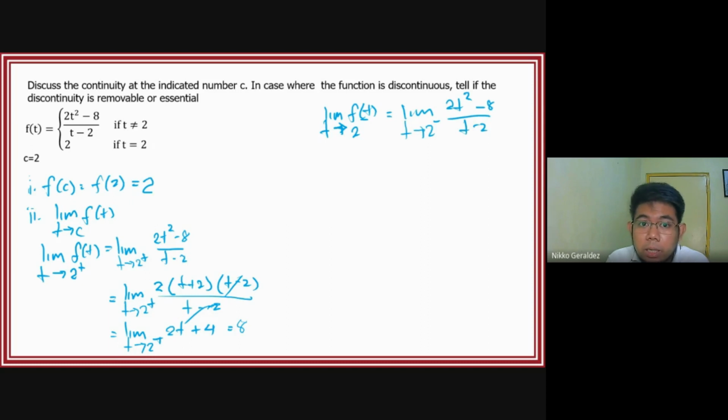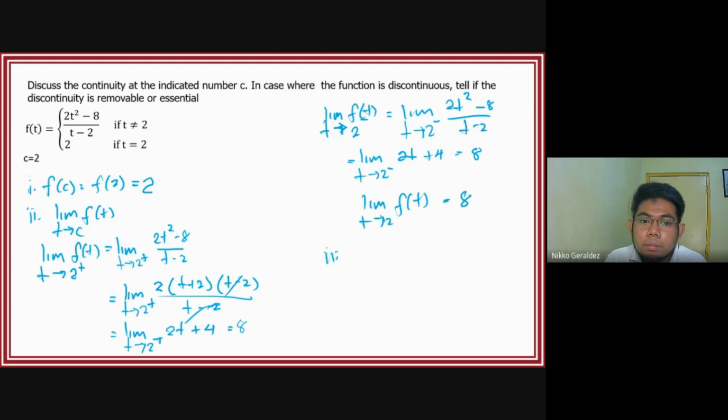By factoring, that is equal to the limit of 2t plus 4 as t approaches 2 from the left. Substitute. The left-hand limit is 8 also. So condition 2 is satisfied. The limit of f of t as t approaches 2 is equal to 8.